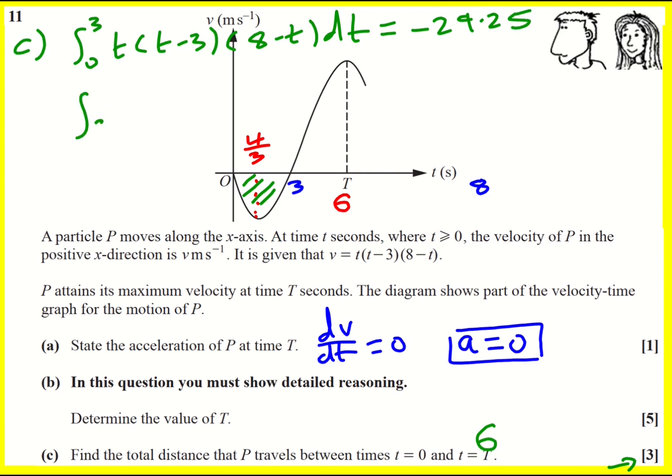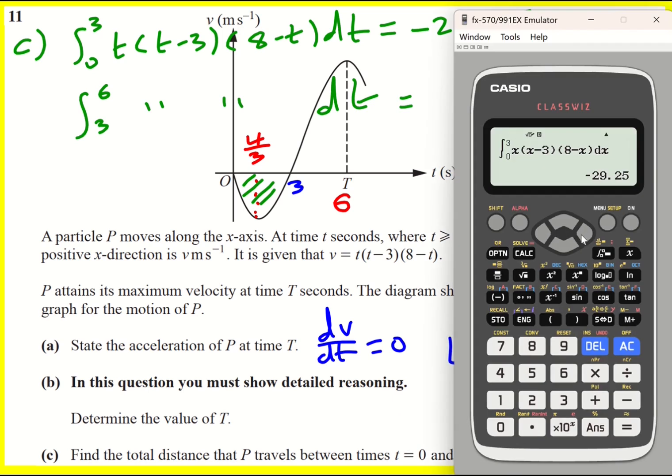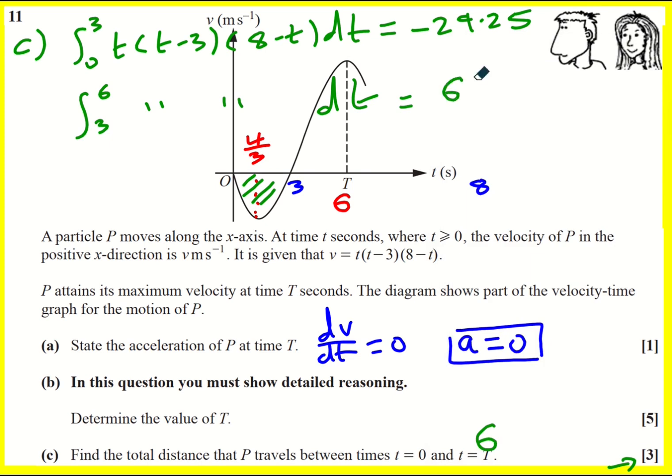And same again from 3 to 6, same integral. You can just press left and then delete, left, delete, which gives 65.25.